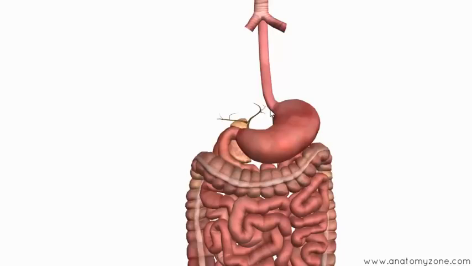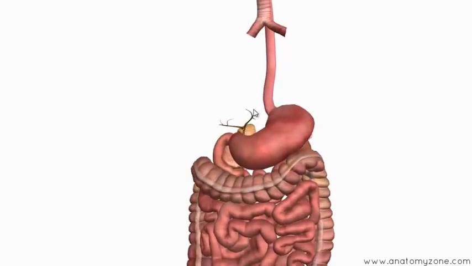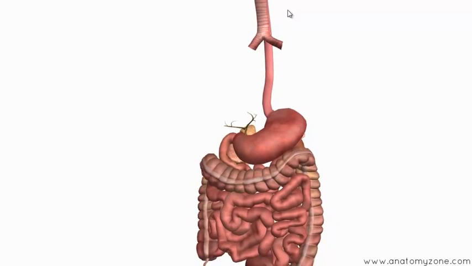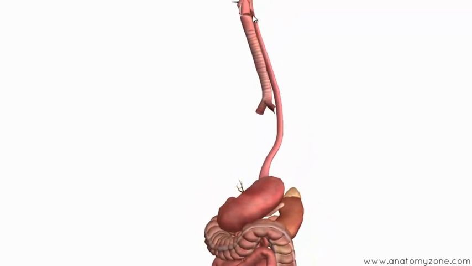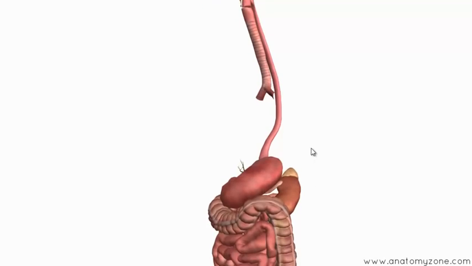So a sphincter relaxes to open and it contracts to close. The sphincter is formed by circular muscle within the walls of the esophagus. And you've also got an upper esophageal sphincter at the other end of the esophagus.